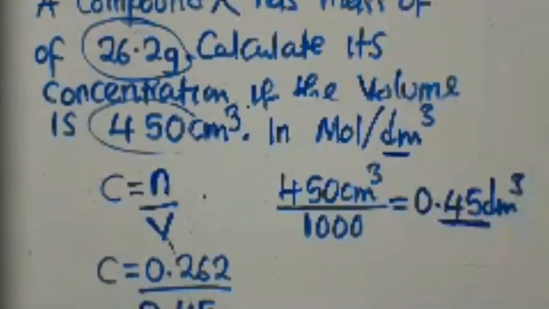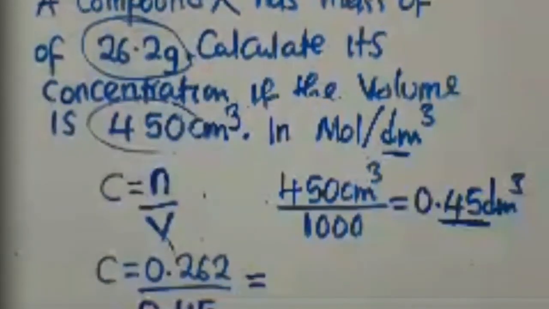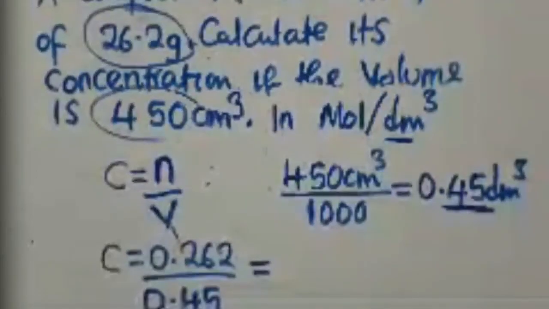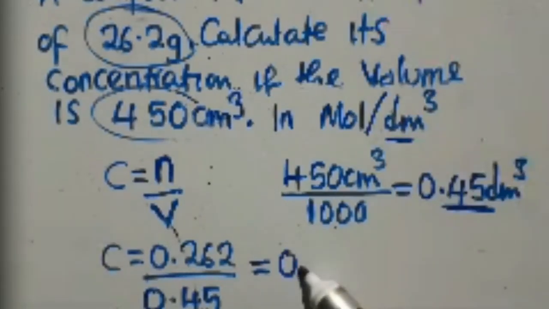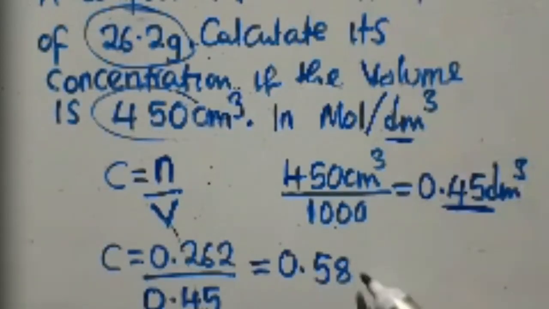So when we divide there, what answer are we going to get? We say 0.262 divided by 0.45. The answer is 0.5822.